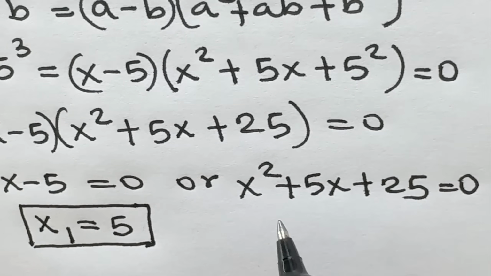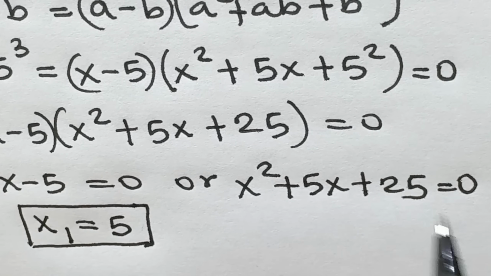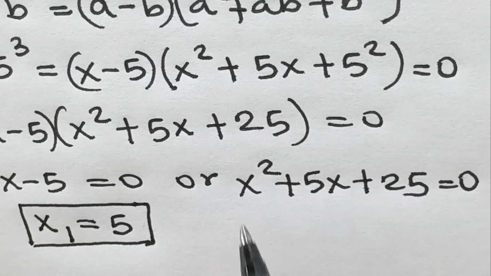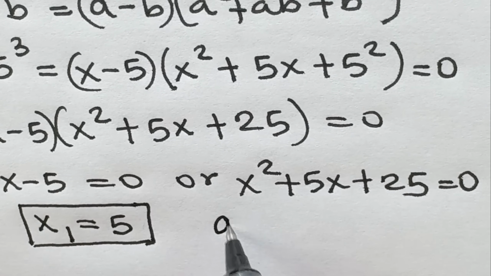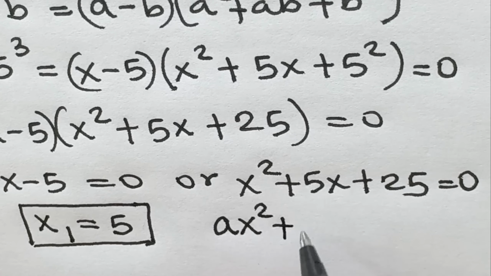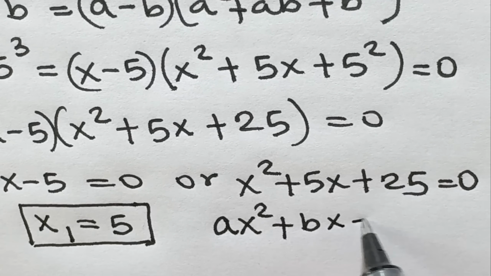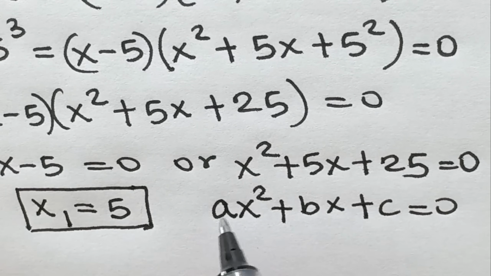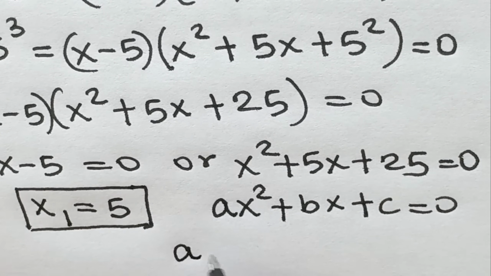So we're going to go ahead and solve this quadratic equation to get two more solutions. I'll compare this equation to the general quadratic equation, which is ax squared plus bx plus c is equal to 0, so that we can clearly get the coefficients.